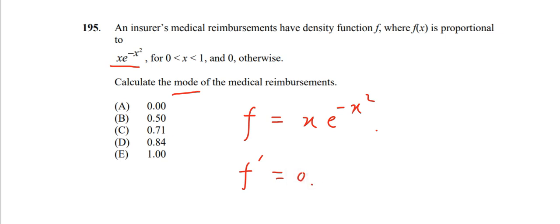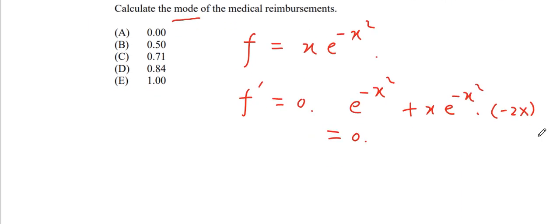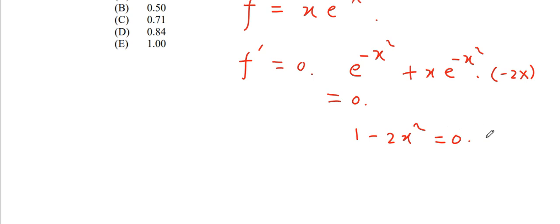We just find the derivative: x's derivative is 1, so it is negative x squared plus x times negative x squared multiplied by negative 2x, right? So this equals 0. The x squared cancels, so this becomes 1 minus 2x squared equals 0, right? So we can find x easily.